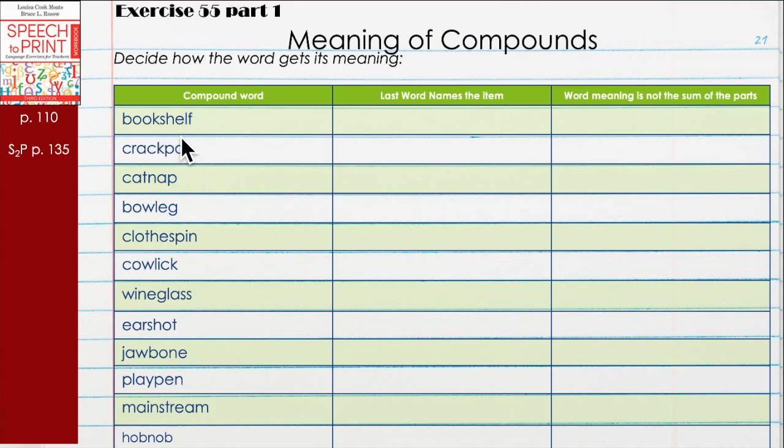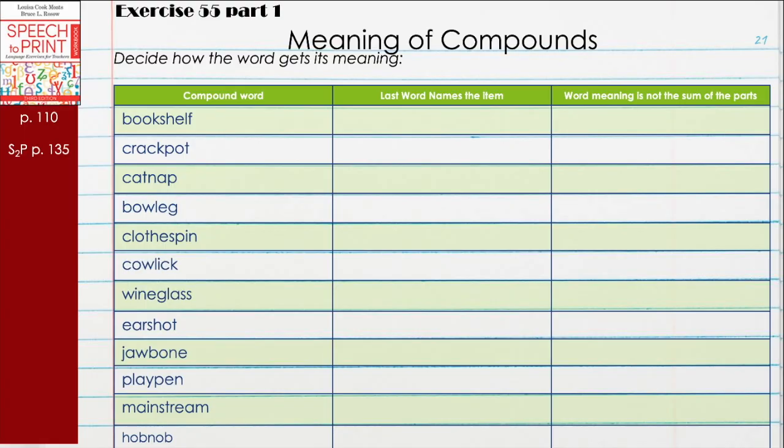The last word in the compound will identify the item. So it'll tell you if it's a noun or if it's a verb. So it'll tell you the role of the word. But then sometimes it'll actually tell you what the item is, like identify an object. And then sometimes it doesn't relate to the other pieces. It's not the sum of its parts.